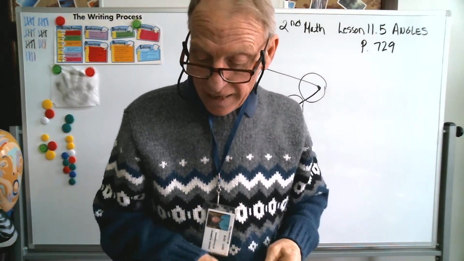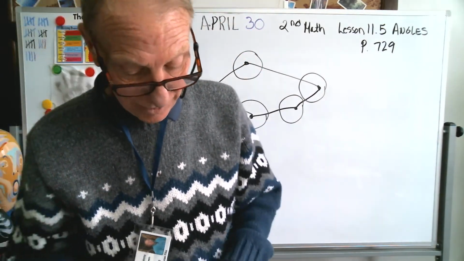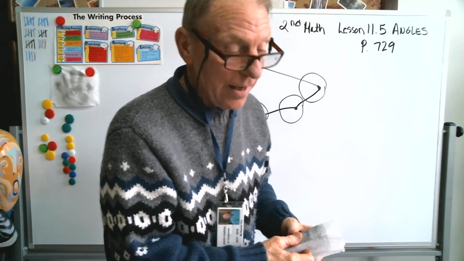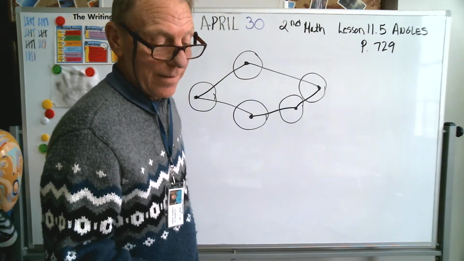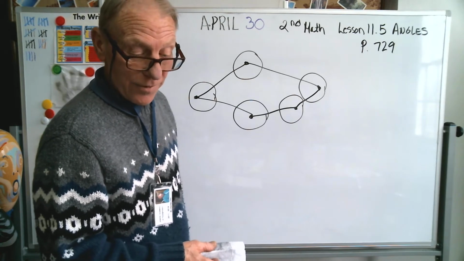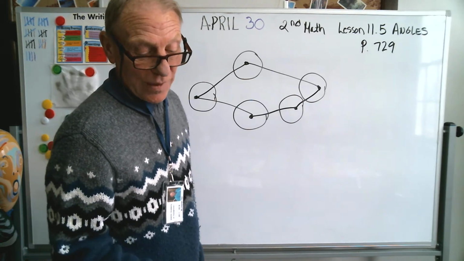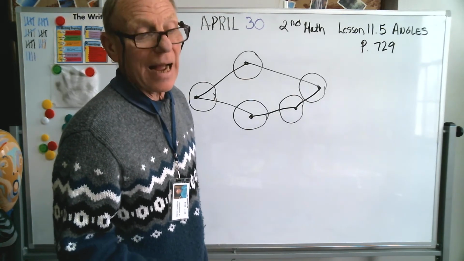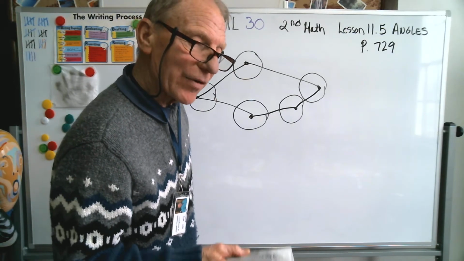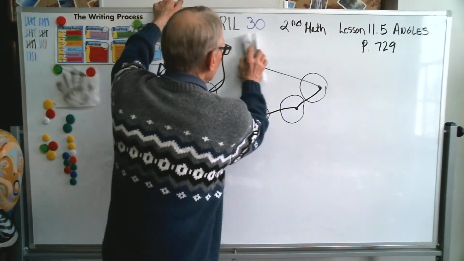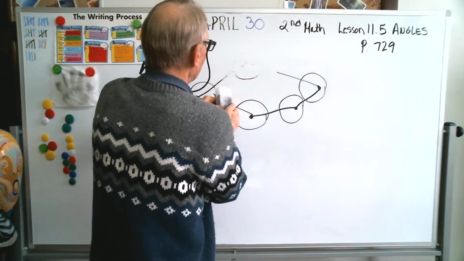The second one is a hexagon, 6 sides. The third one is actually a parallelogram. It has 4 sides. And then the next one is a pentagon. It kind of looks like a cockeyed diamond. And you just need to circle everywhere the 2 lines come together.